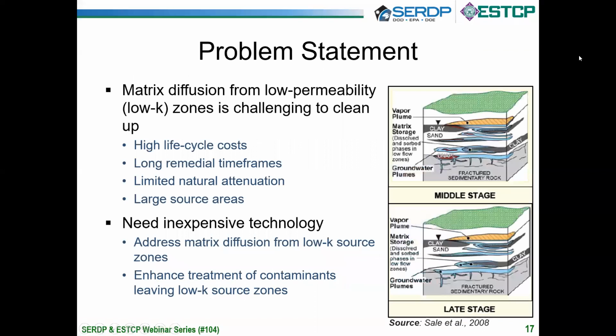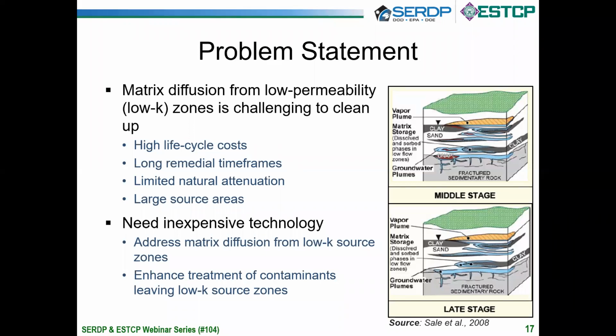The problem statement. So let's start with what we know about the problem. We know that difficult to treat sites are increasing as a percentage of total DoD chlorinated solvent sites. And that's happening for a couple of reasons. These middle stage sites, where dense non-aqueous phase sources are active, are transitioning into later stage sites where we're starting to see matrix diffusion sources dominating.